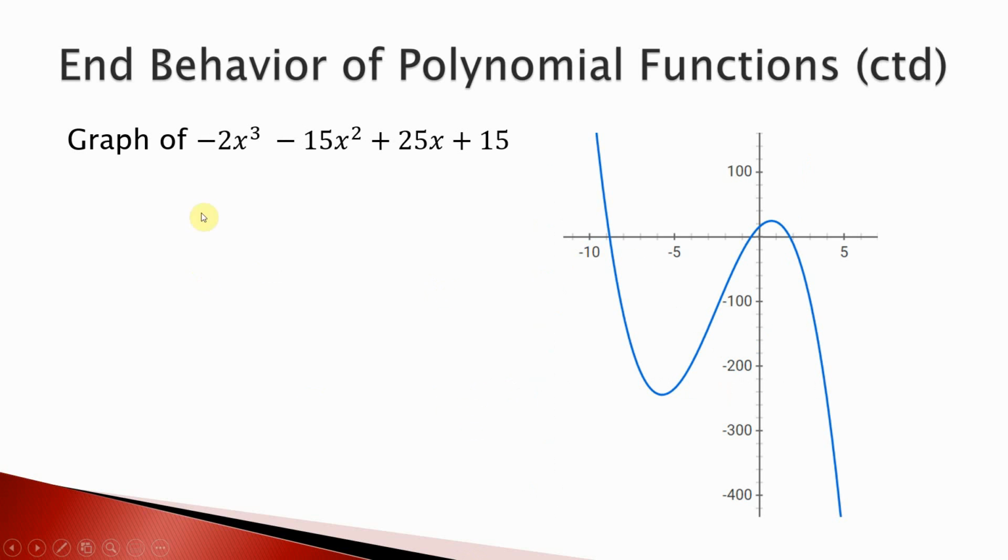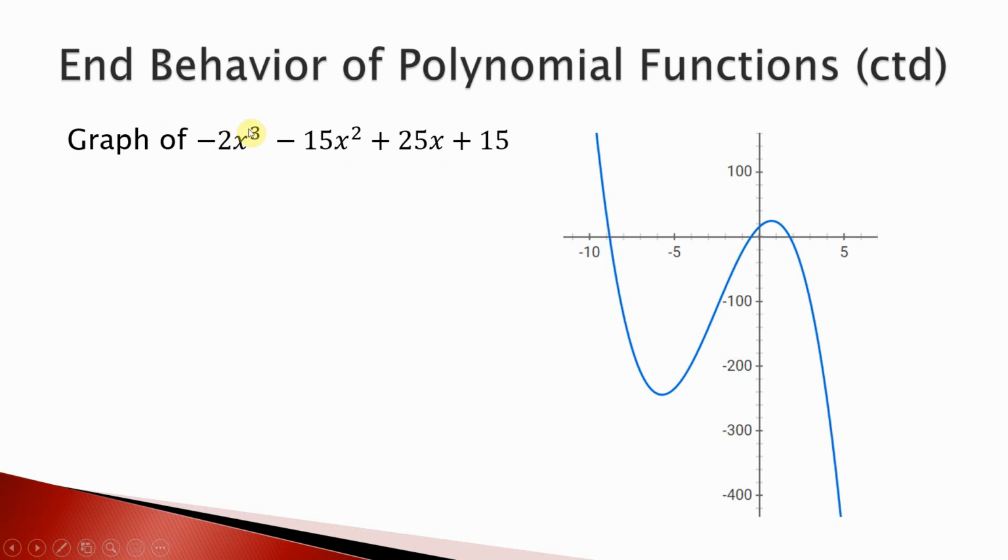Now when we have this coefficient, if the coefficient is negative, then when x goes to the far right, this becomes a very big positive number multiplied by a negative number. It will give you a negative number, so it goes down. And when you go to the far left, this will be a very big negative number multiplied by a negative number.